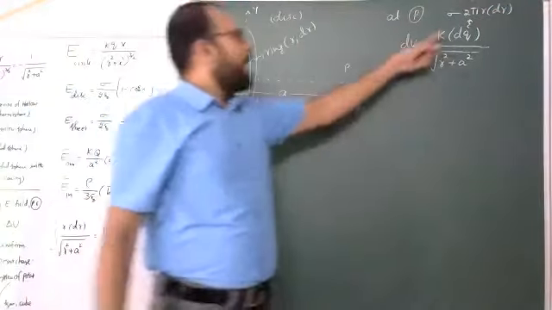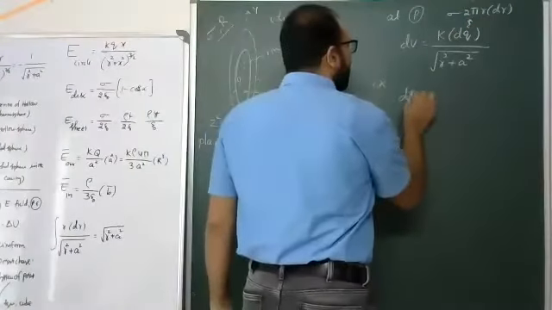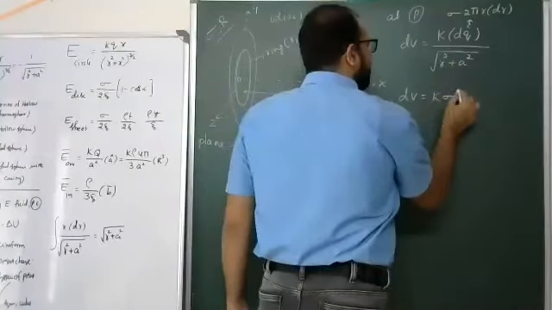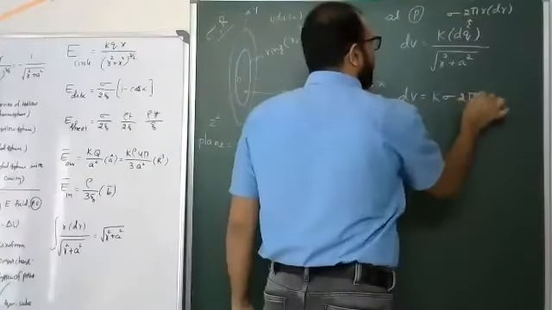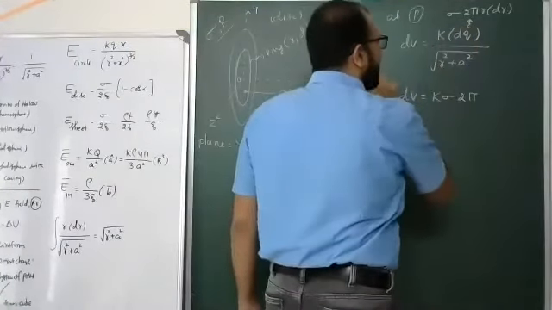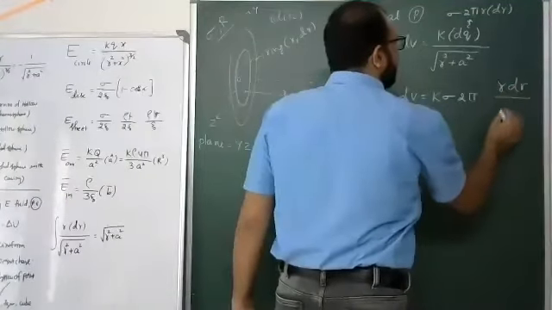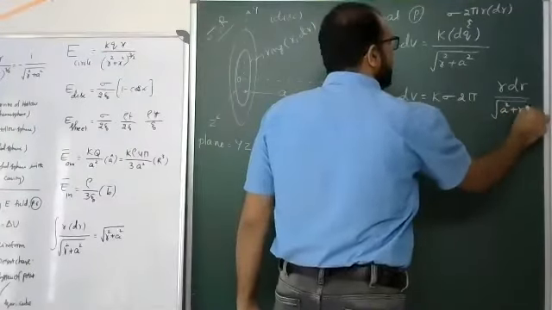So now after substitution of that, dV equals K sigma 2 pi, constant, students, r dr divided by root over a square plus r square.